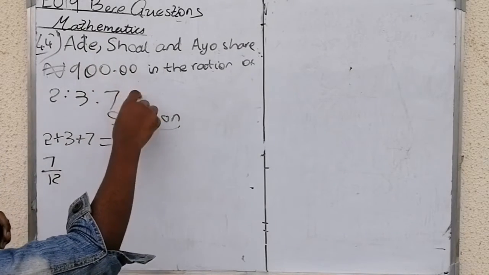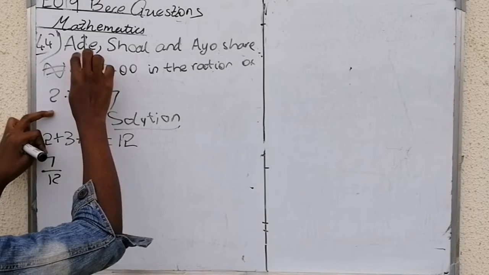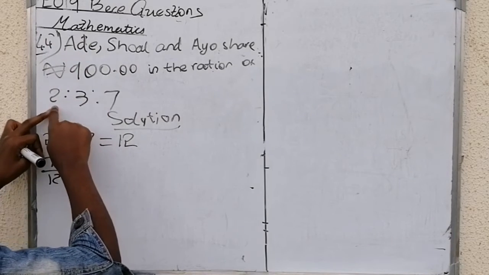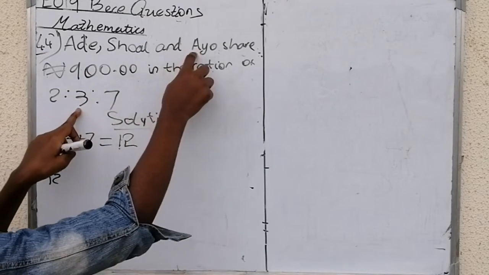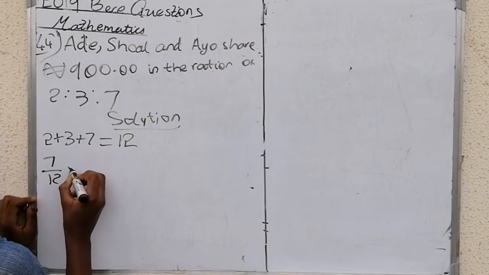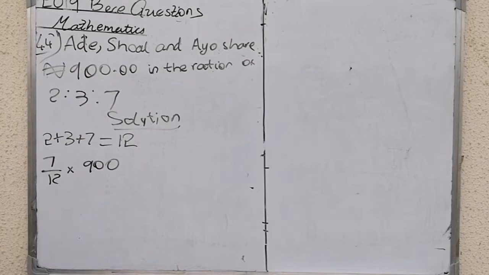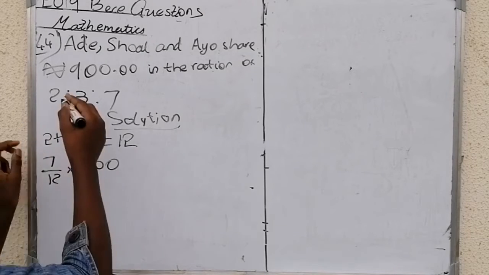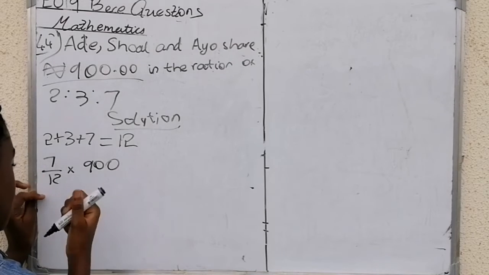Because in ratio it's always written respectively, in the sense that the first name given is the first ratio, the second name given is the second ratio, the third name given is the third ratio, and that way. So 7/12 multiplied by 900, which is what is actually being shared.